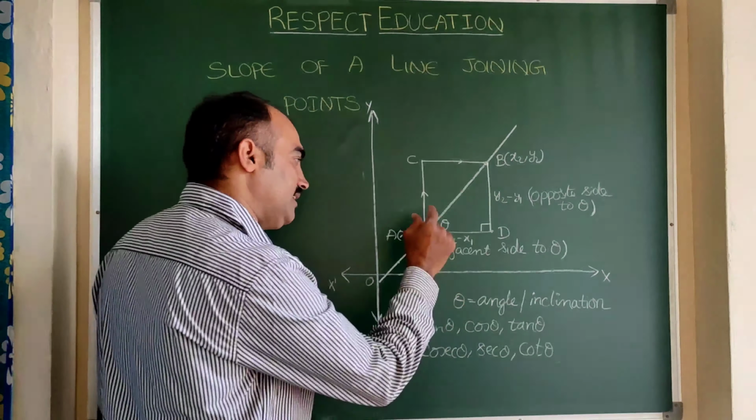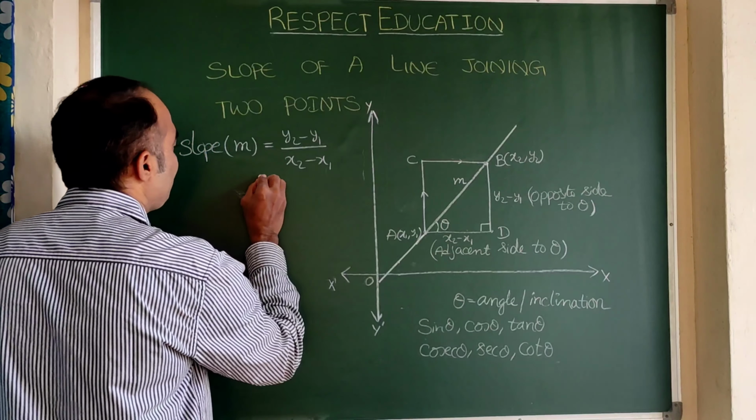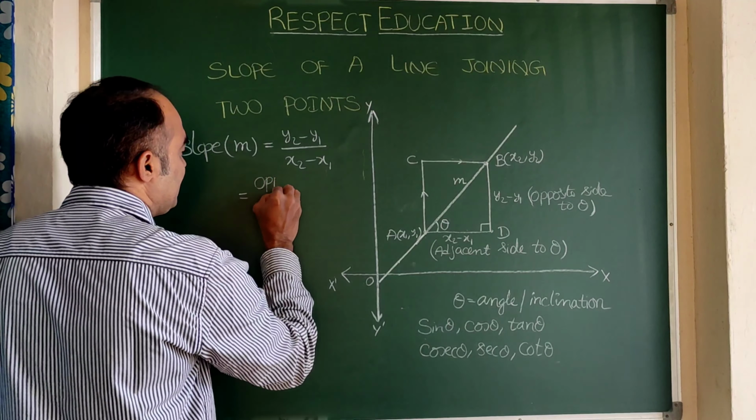Here y2 minus y1 is the opposite side to theta. As space is not there, I am writing just OPP, opposite side to theta, by the adjacent side, which I am writing as ADJ, adjacent side to theta.